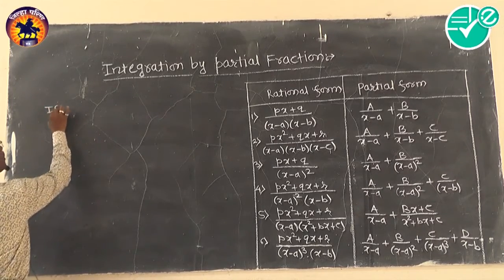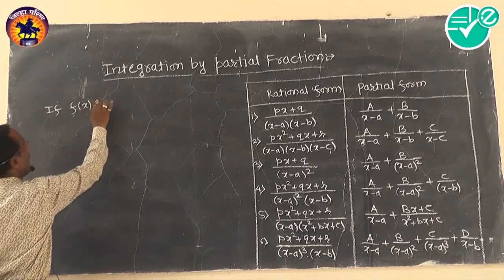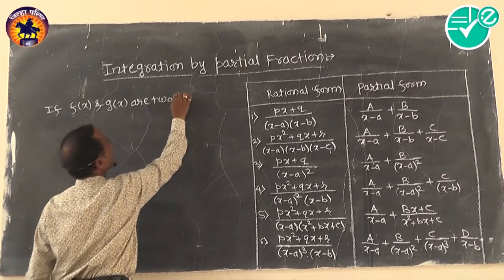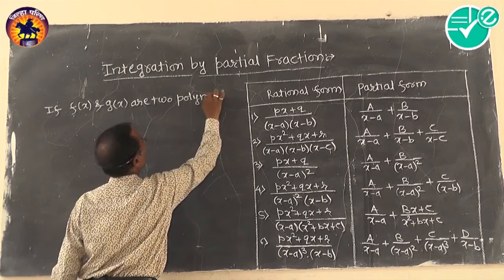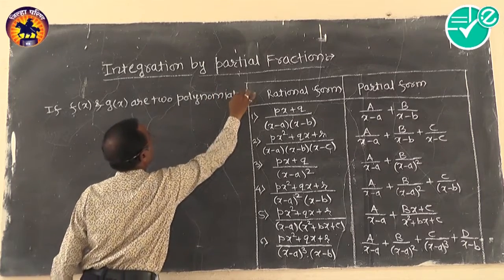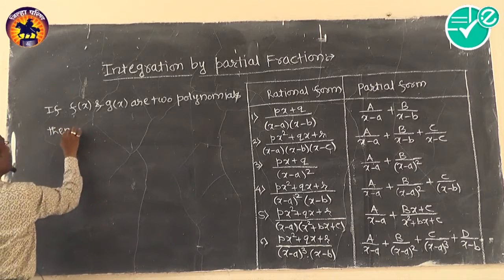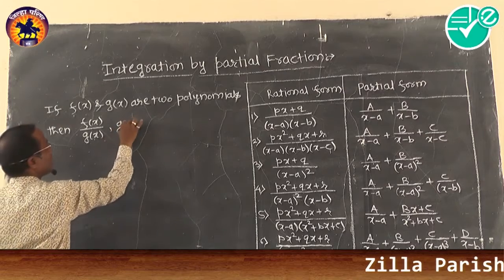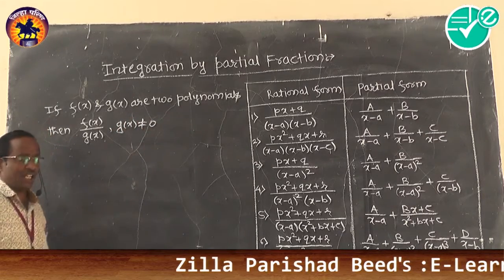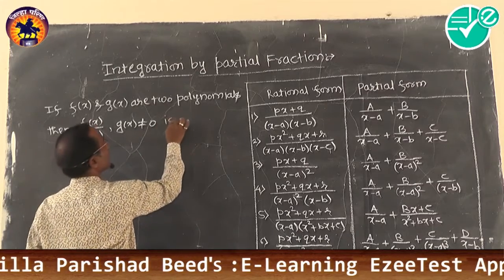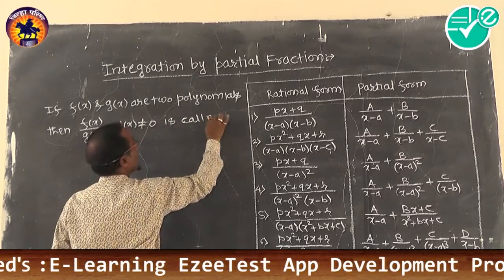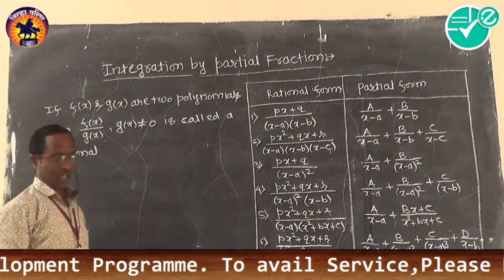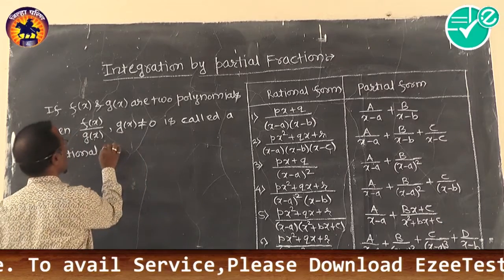If f of x and g of x are two polynomials, then f of x divided by g of x, where g of x is not equal to 0, means the denominator is non-zero, is called a rational function of x.